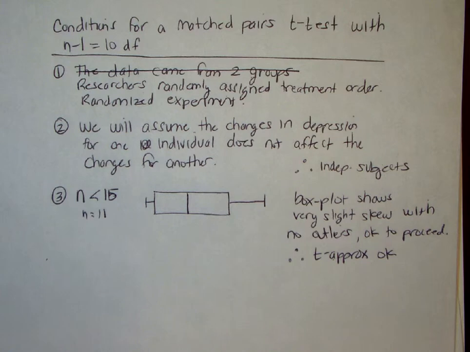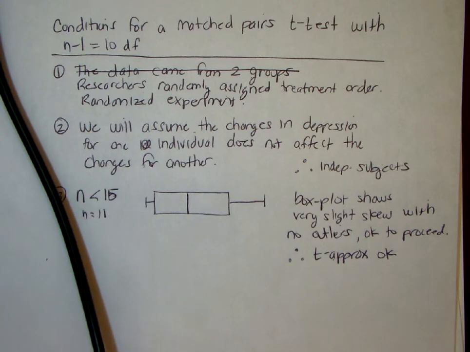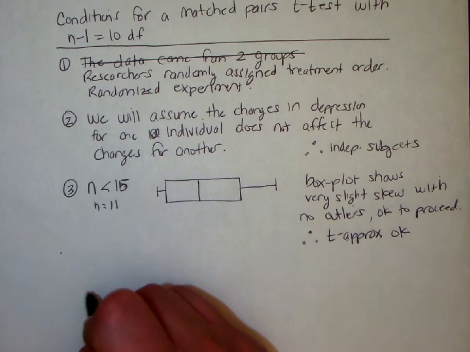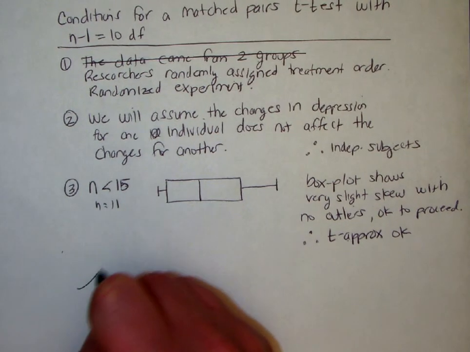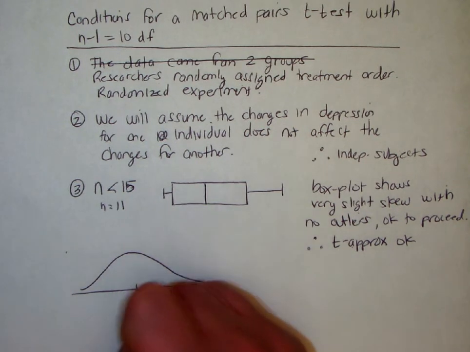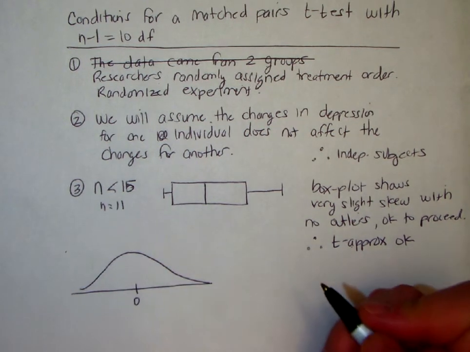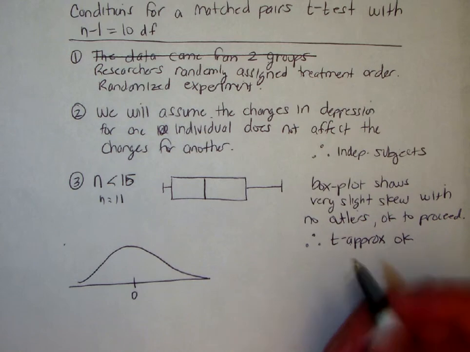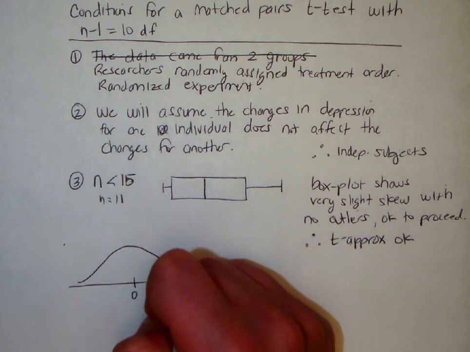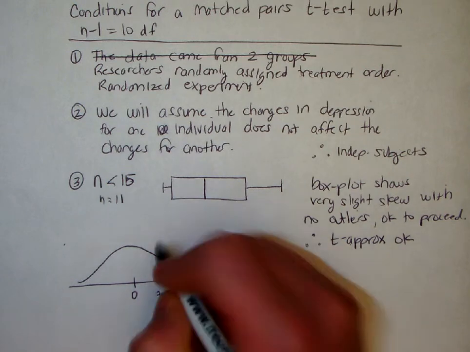So now we've got our curve. It's a sloppy video. So here I am. There's my curve. 0 is going to go in the middle. That's the null hypothesis, always, always, always. The sample was 7.36. That was the differences in the sample.